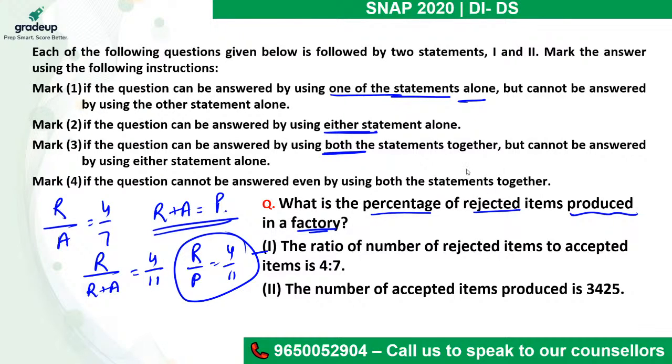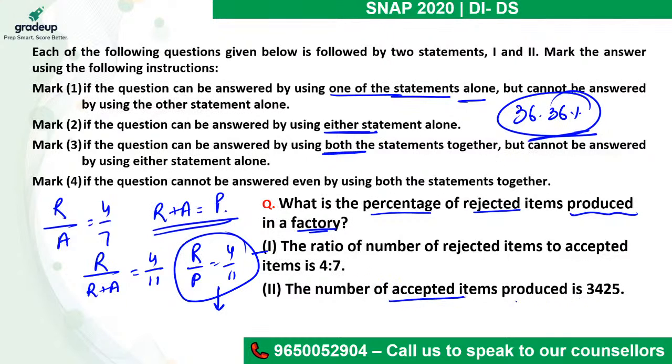Okay, okay. And yes, 1 is the correct answer because statement 1 alone is telling us that rejected is 4 out of 11, and 4 out of 11 is 36.36%. Though it is not required to calculate, my answer was coming out. Statement 1 is sufficient to answer the question. Look at 2.